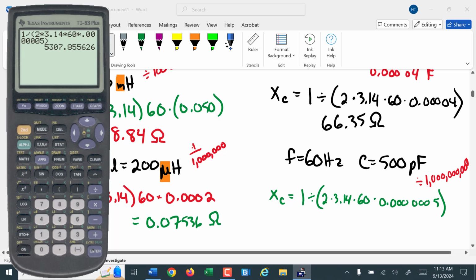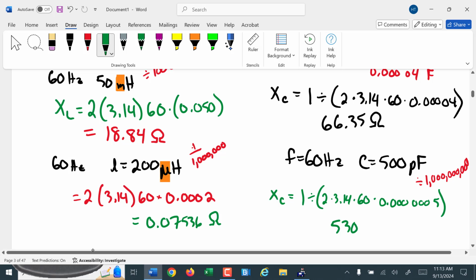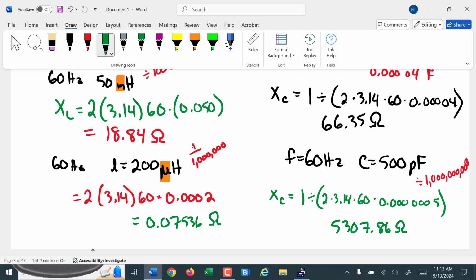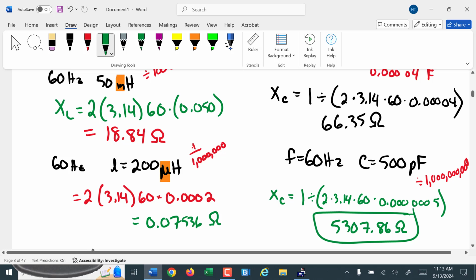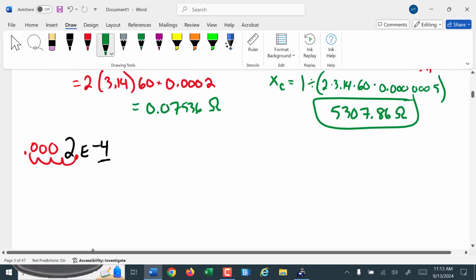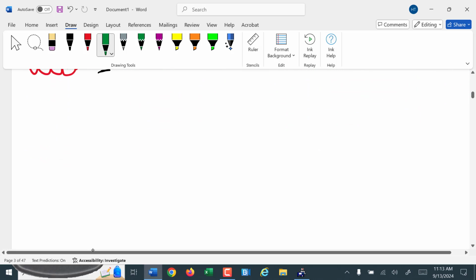Close the parentheses, we get 5,307.86. So capacitors create a very large resistance in a circuit. These can be used for like test branches, not test circuits. It has a large resistance, so it doesn't drain a lot of current out of the circuit.